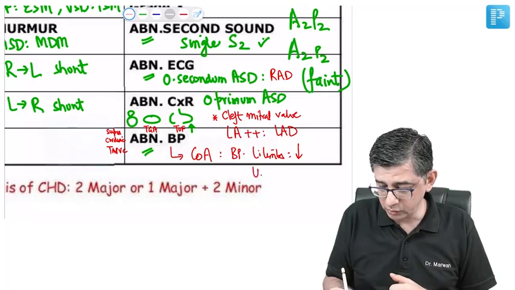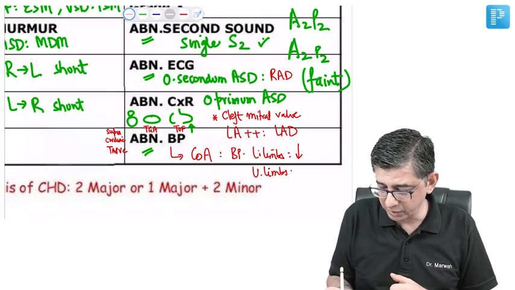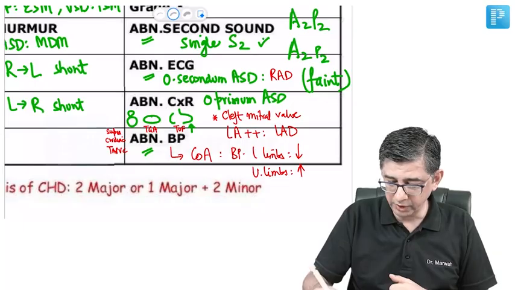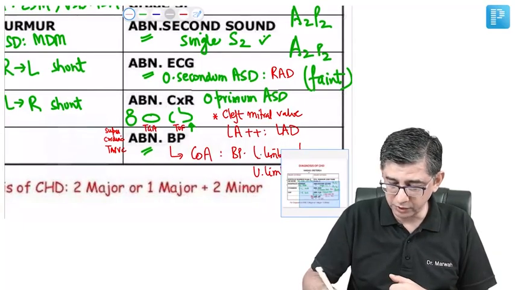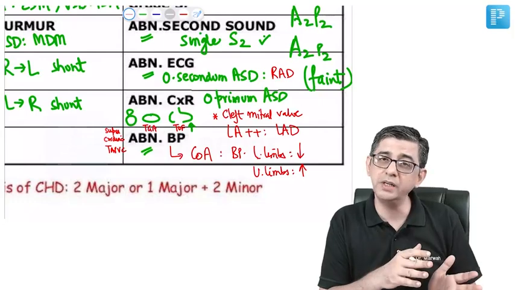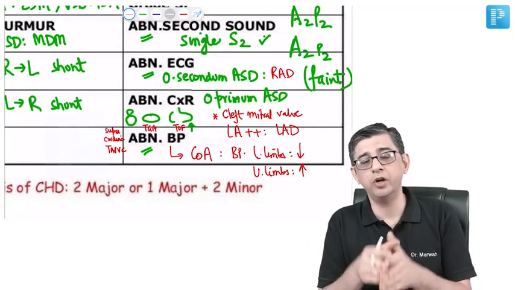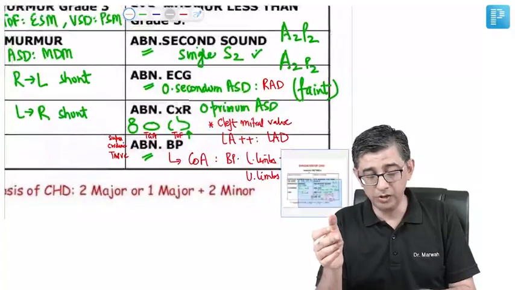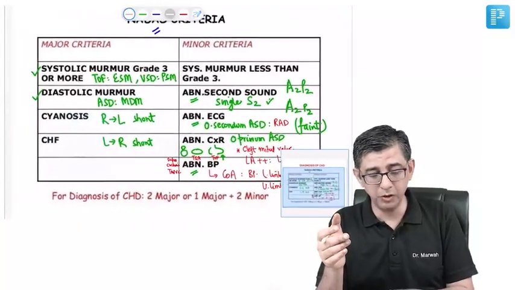In contrast, the blood pressure in the upper limbs of the patient would be elevated. So the message here is that coarctation of aorta is an obstructive defect of the heart. We're not only talking about a left to right shunt and a right to left shunt, we're talking about obstructive defects as well, like coarctation of aorta, which has to be taken into consideration, which is why abnormal BP comes into the picture.